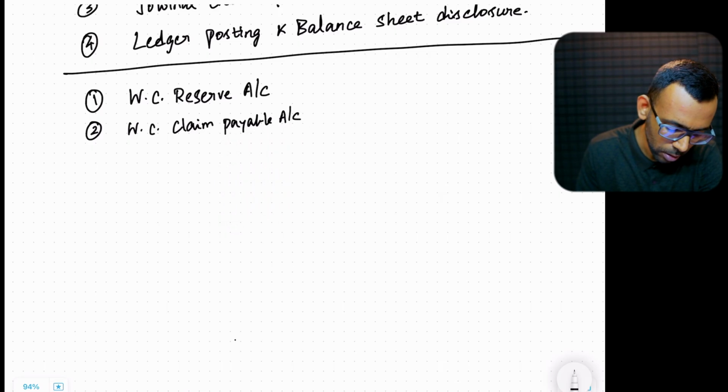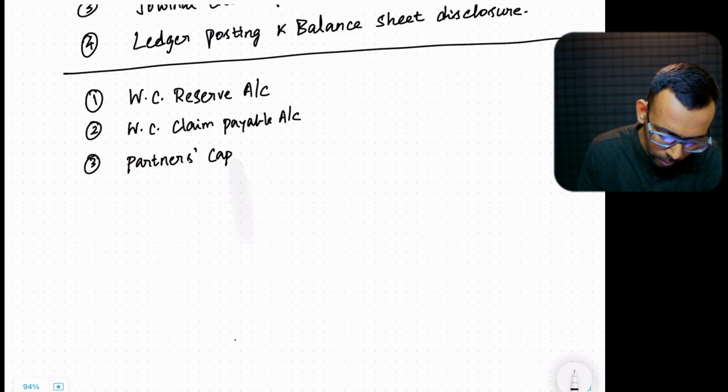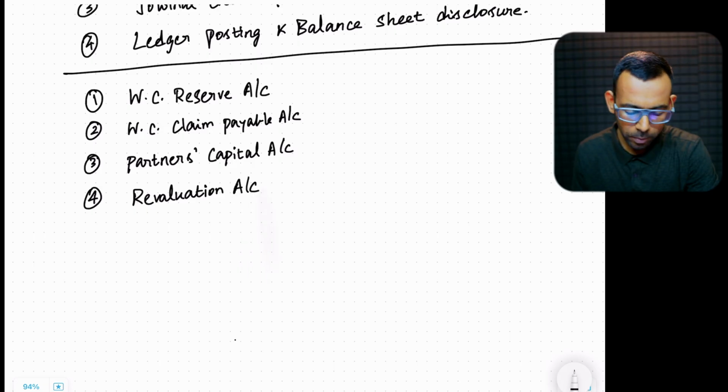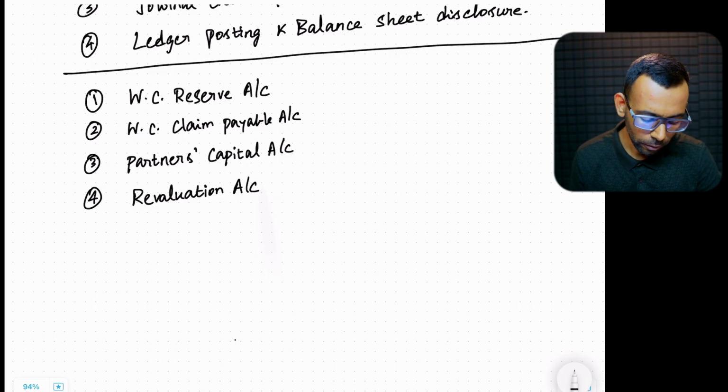The third ledger that we will deal with here is partners capital account. And the fourth ledger is revaluation account. So have a look at it. These are the four ledgers that we are going to talk about in this video. Again and again, these ledgers will come up in one place or the other, so have a good look at it.